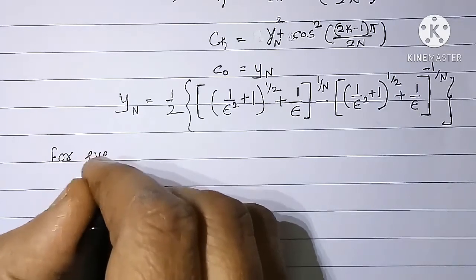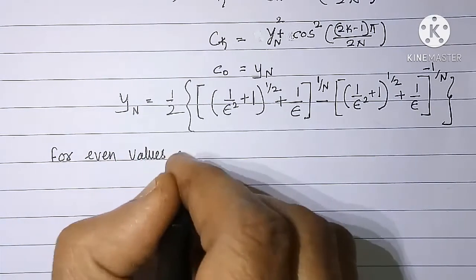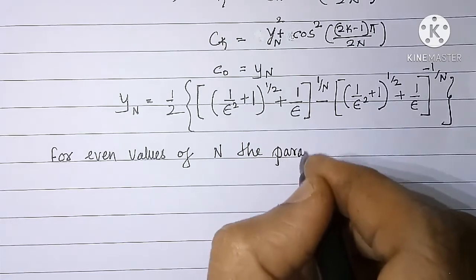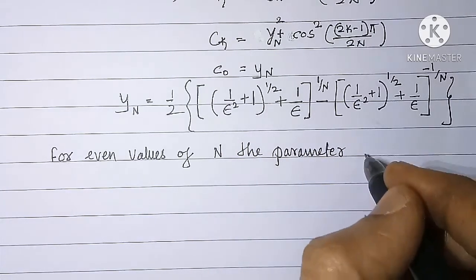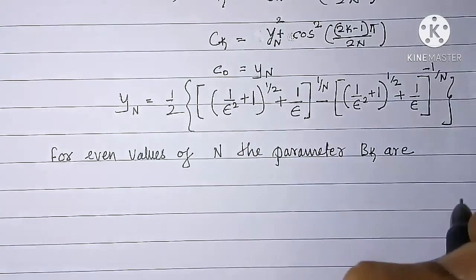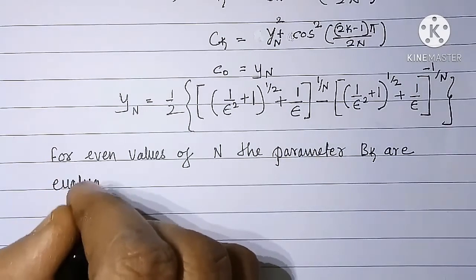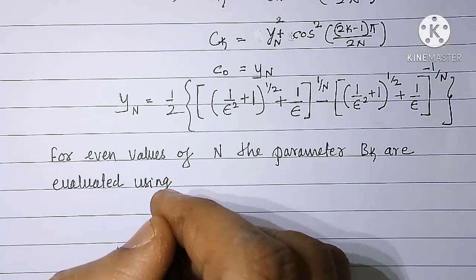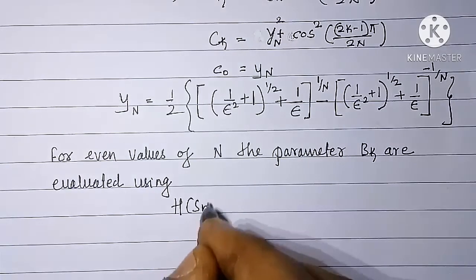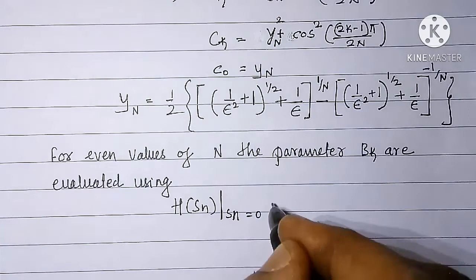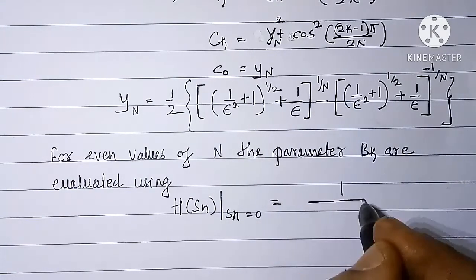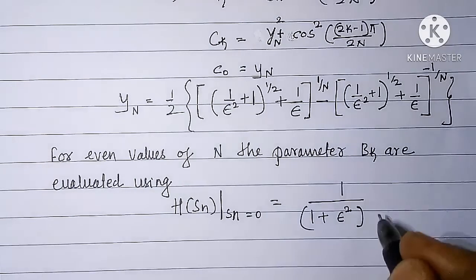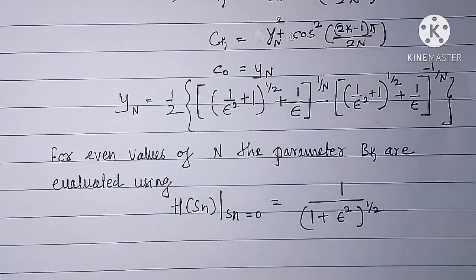For even values of n, the parameter Bk are evaluated using H of Sn at Sn equal to 0, that is 1 upon 1 plus epsilon square whole raised to half, or under square root.